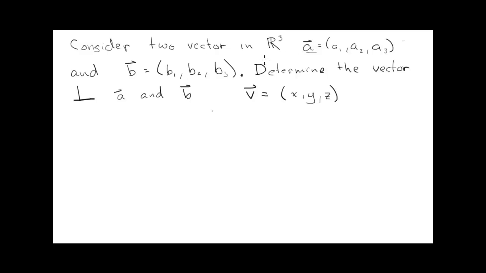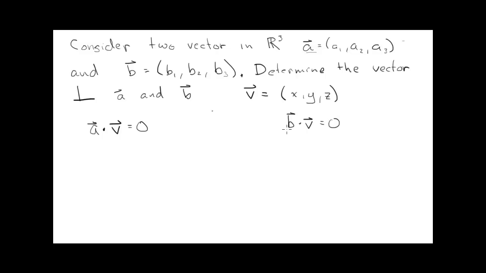If A and B are both perpendicular to V, then we know, as in a previous question, that A dot V is equal to 0, the scalar, and B dot V is equal to 0.